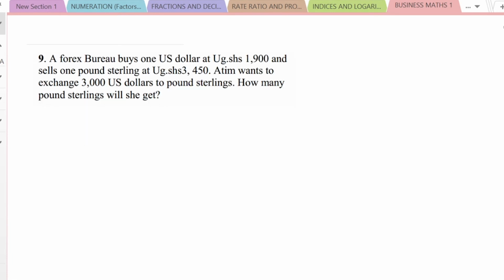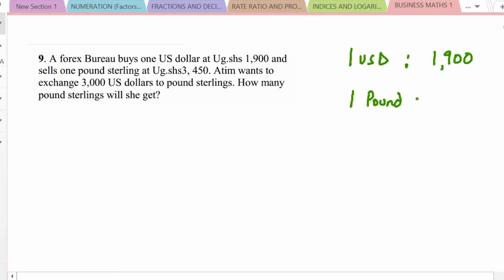So moving on, here we have a Forex Bureau buys $1 at 1,900. So in other words, $1 is 1,900 Uganda shillings. And sells £1 sterling at 3,450. Of course this is UGX, Uganda shillings.